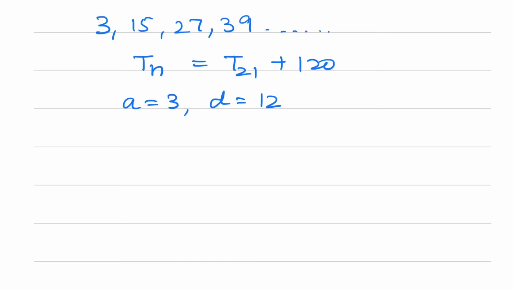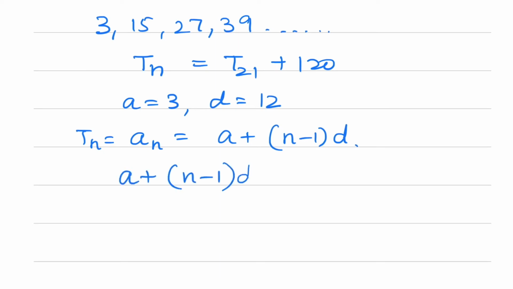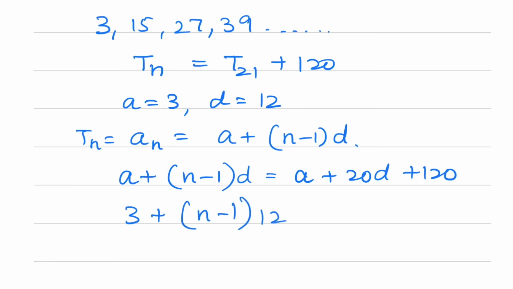Now an or tn is equal to a plus n minus 1 into d. So let's substitute. a plus n minus 1 into d is equal to a plus 20d plus 120. A is 3, plus n minus 1 and d is 12, is equal to 3 plus 20 into 12 plus 120.